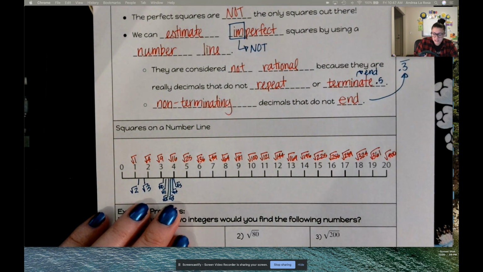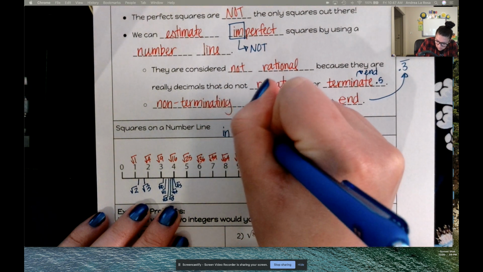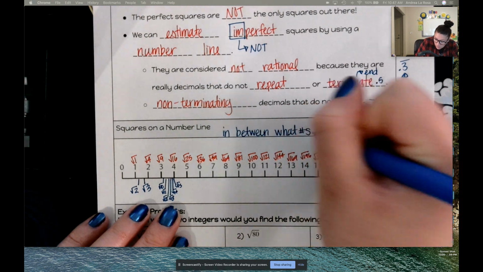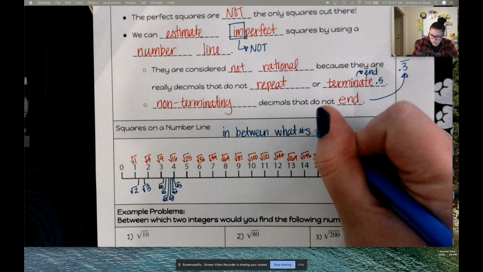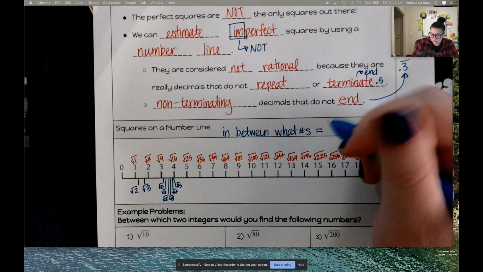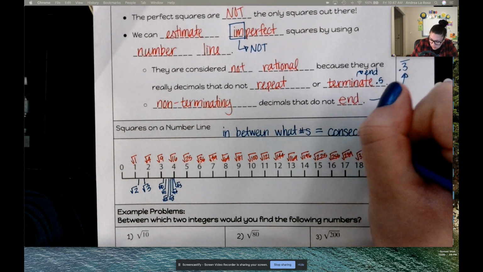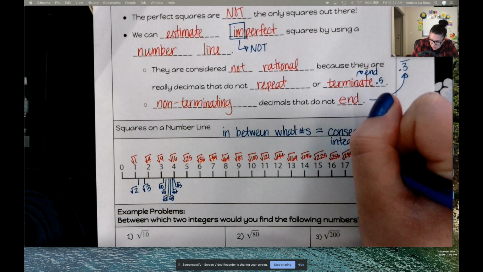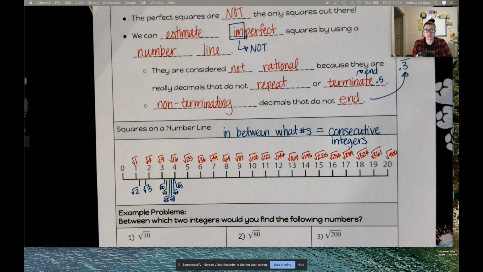The words that we typically use are going to be in between what numbers, but the fancy math word that you're going to see when they say in between what numbers is between what consecutive integers. Between what consecutive integers are these numbers?